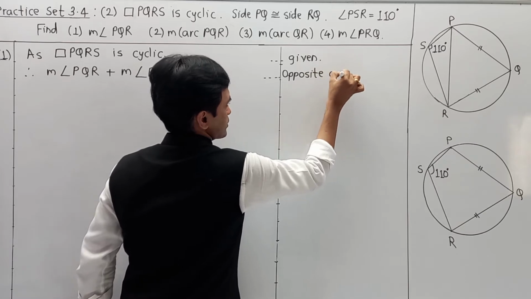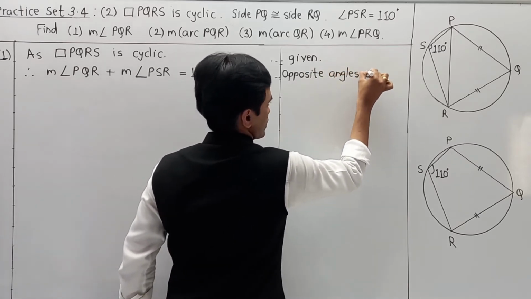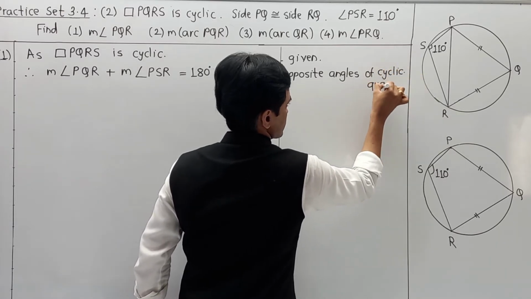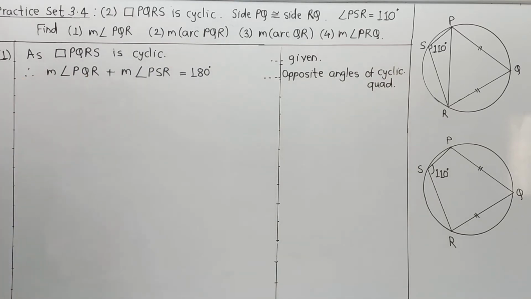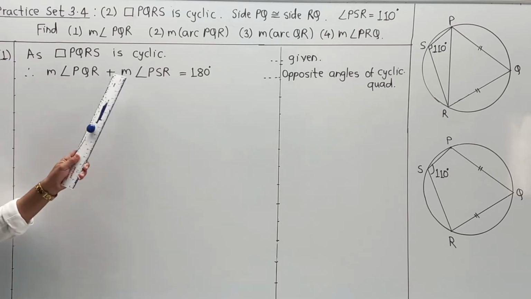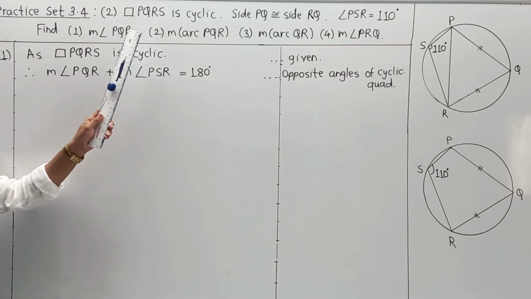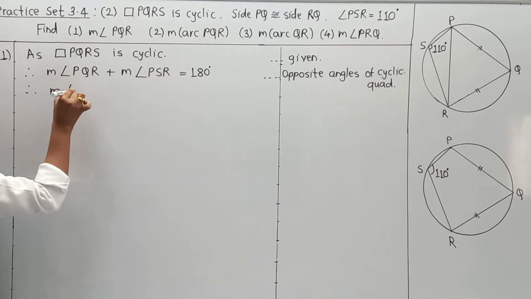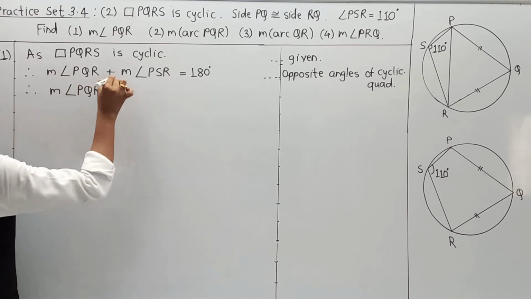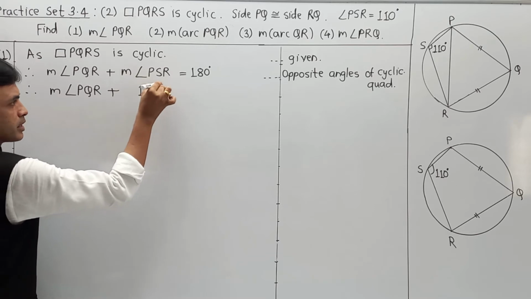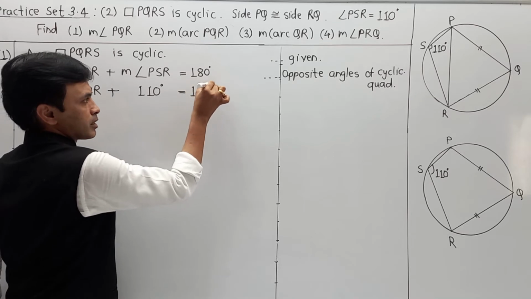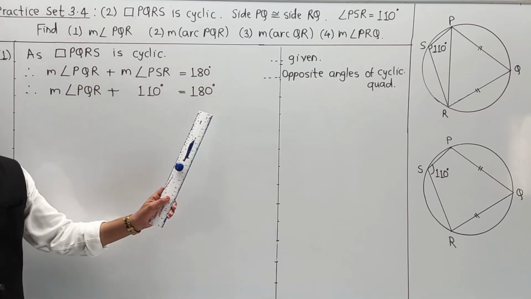Opposite angles of cyclic quadrilateral. Now here, major angle PQR is the value that we are supposed to find, and PSR they have given us as 110. So your evaluation becomes major angle PQR plus major angle PSR, that is 110 degrees, is equal to 180 degrees. Now it is nothing but a simple mathematical simplification.